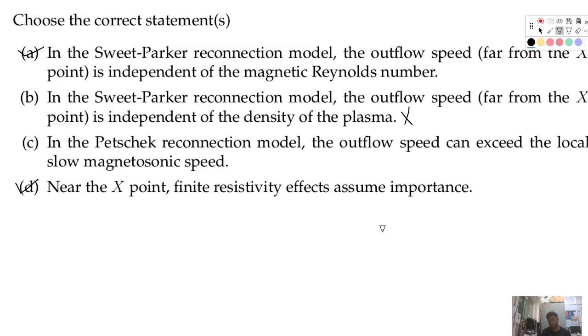Yes, it's true, because the Petschek reconnection model is faster than the Sweet-Parker reconnection model, and therefore the outflow speed will be higher than that in the Sweet-Parker model. In the Sweet-Parker model your outflow speed is equal to your Alfven speed, so for obvious reasons the outflow speed in the Petschek reconnection model can exceed the local slow magnetosonic speed, which is very much correct.